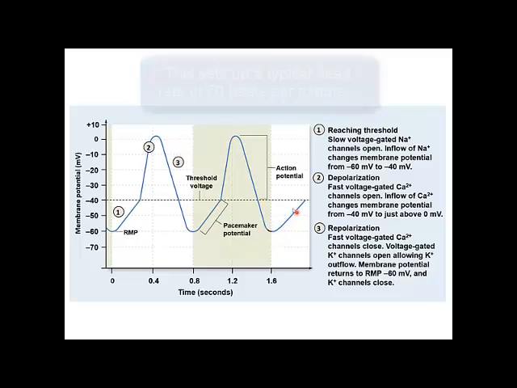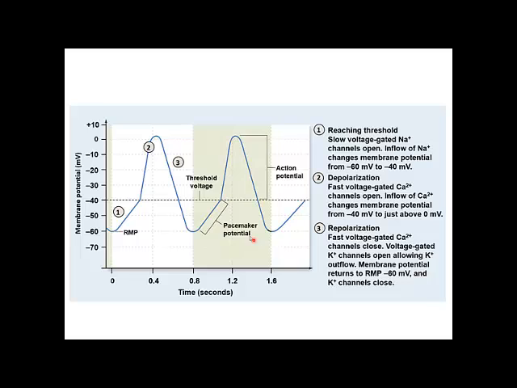Our slow voltage-gated sodium channels open, we will have our depolarization phase due to our calcium channels, and we will repolarize. The end result is these special nodal cells will never sit at resting membrane potential. They will automatically start this slow depolarization up to threshold. This slow depolarization is called the pacemaker potential.